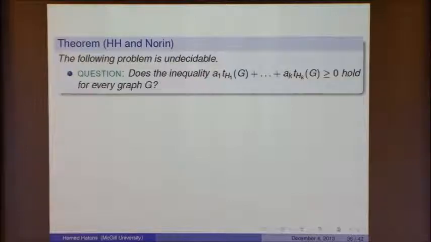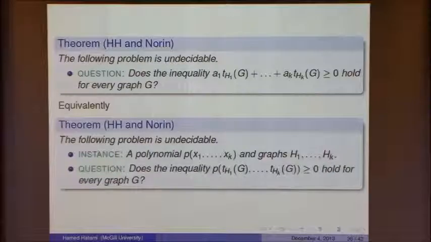So I'll mention the main part of the proof. It's not really very difficult. It's a very short proof, and it's now actually in Lovász's book on this topic. So this is what I want to show. Given these coefficients and graphs, is it true that this inequality holds for every graph G? Equivalently, I can work with polynomials.